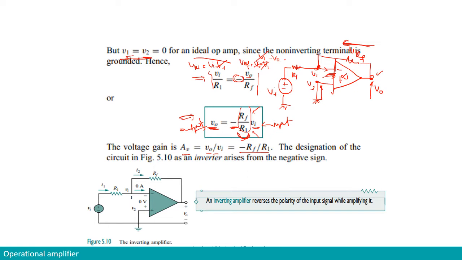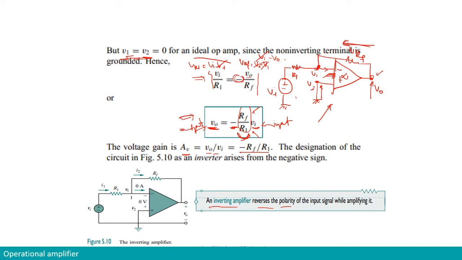So this voltage gain, AV, is basically the gain that we get from this configuration of input and feedback resistance around the operational amplifier. That's why we call it an inverting operational amplifier. To conclude, an inverting operational amplifier reverses the polarity.